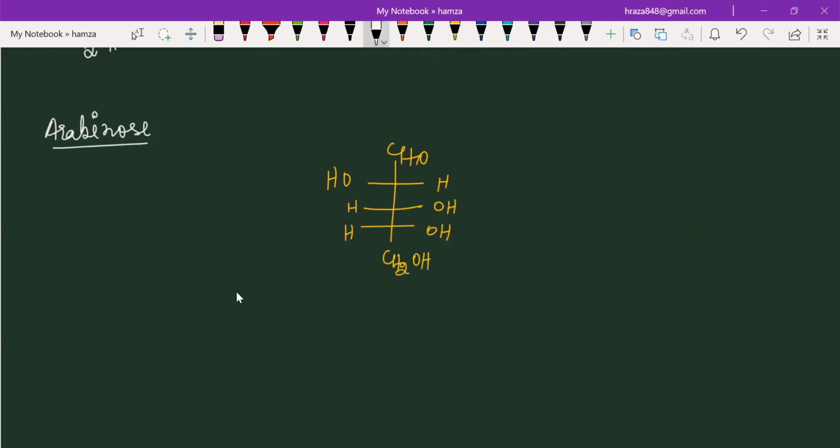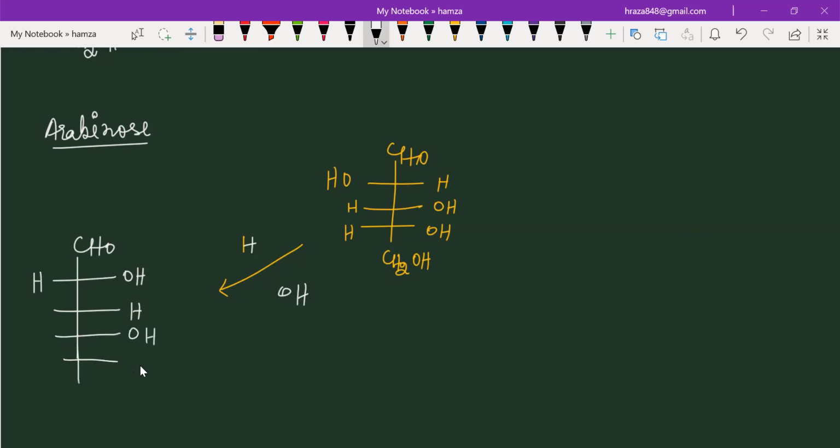Now you can see in two parts it is H on the left hand side, OH on the right hand side, and you just have to add it, CHO, and then OH on the right hand side, H on the left hand side, and the rest part is as it is.